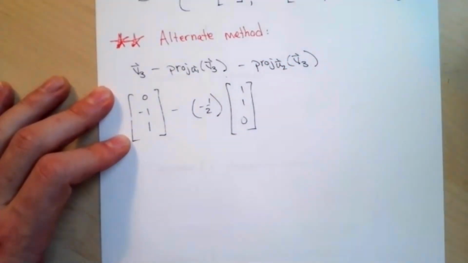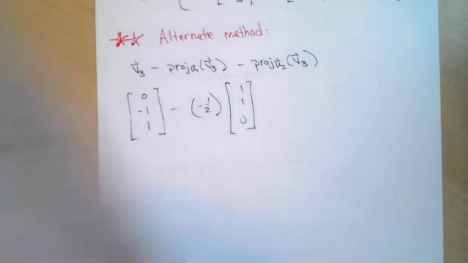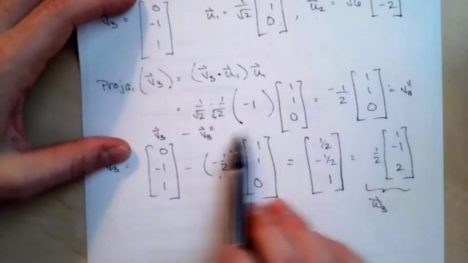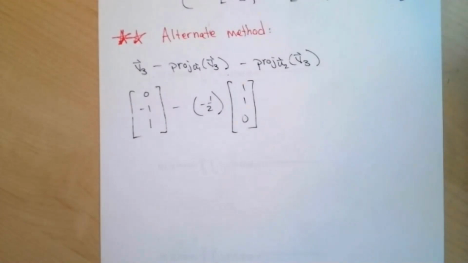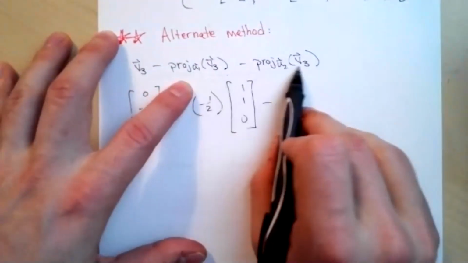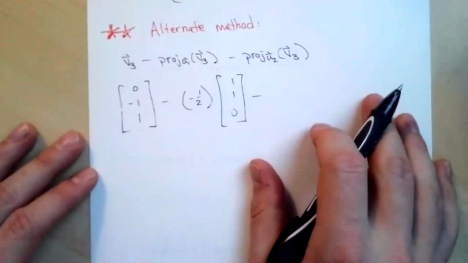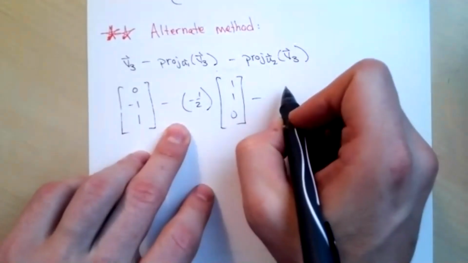And then our projection onto u2, so that was this step here. Now our projection onto u2 of v3, we didn't compute because we used w3 and projected that and then subtracted that off. So the other thing we could have done was now compute this projection.